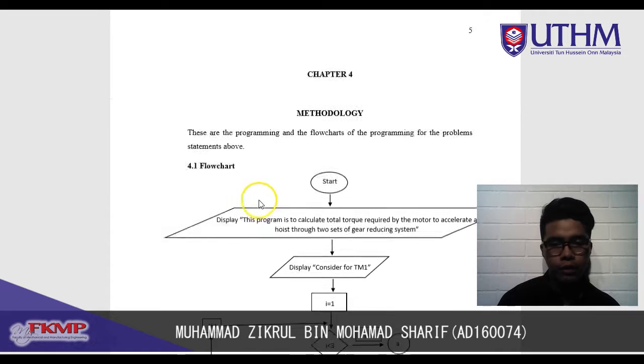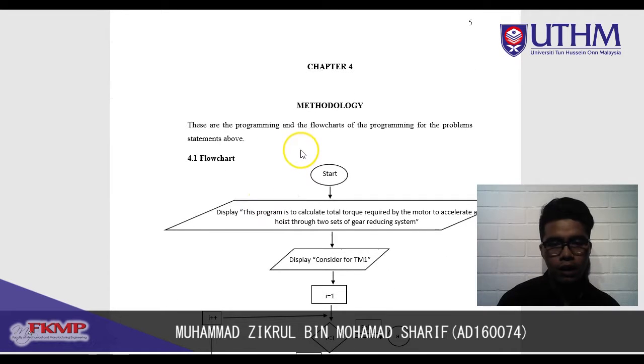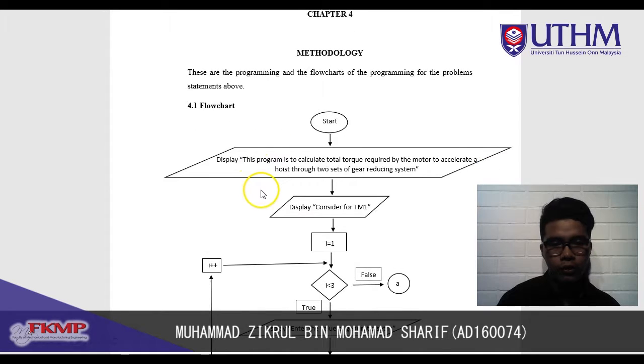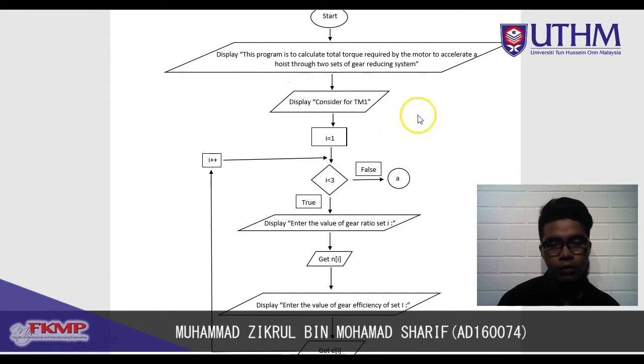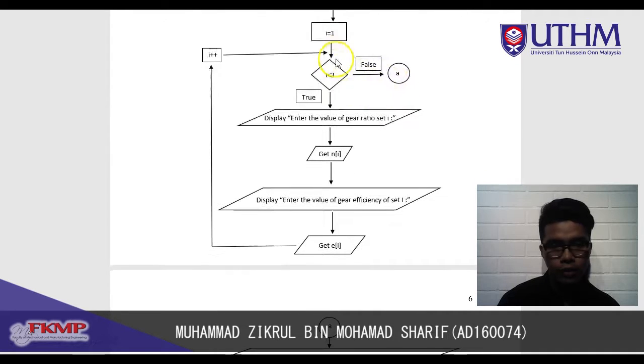Next is the methodology. Basically, I designed a flowchart first before I designed the program. This is where I start the flowchart, and then I display what the program is for. Then first we need to consider TM1. This is the first loop I use, which is a for loop.